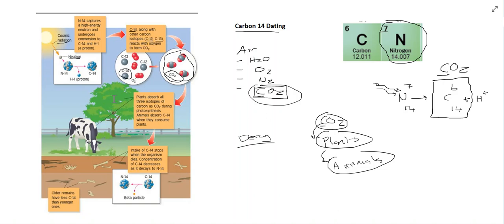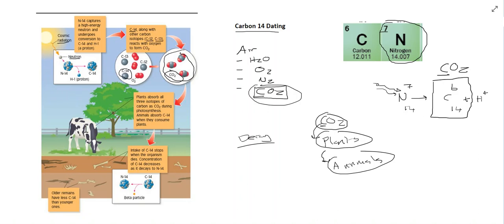While this tree is alive, it's all the time taking in carbon-14 as part of CO2, as it absorbs it into its leaves as part of the photosynthesis process. And as a result, the amount of carbon-14 will remain in almost the same ratio as the amount of carbon-14 that's in the air.